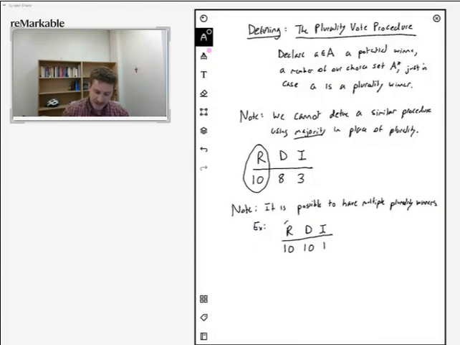In this case, both the Republican and the Democrat qualify as plurality vote winners, because they both have 10 voters behind them, neither of which is a majority, so neither of them are majority winners. But they're both equal to one another in terms of the size of voters they have behind them, and they're both greater than the number of voters anybody else has behind them, in this case, the Independent.